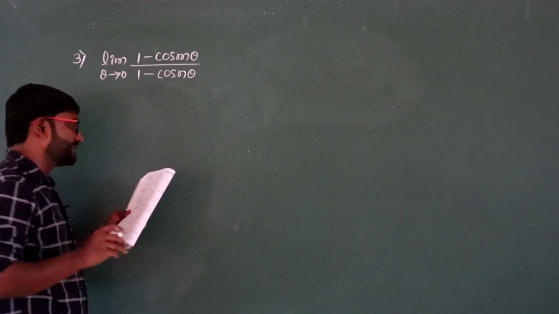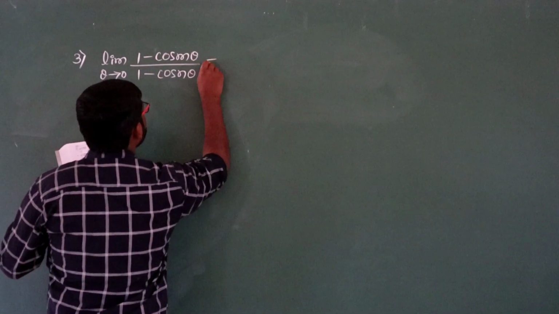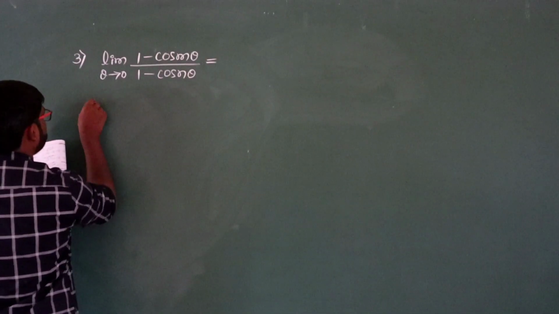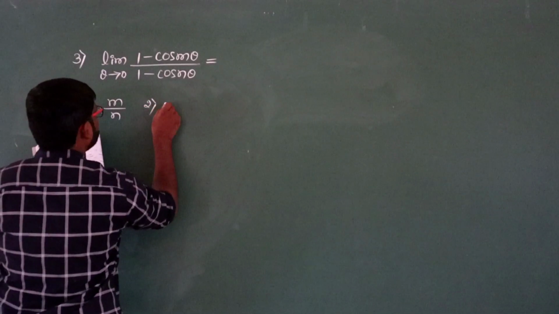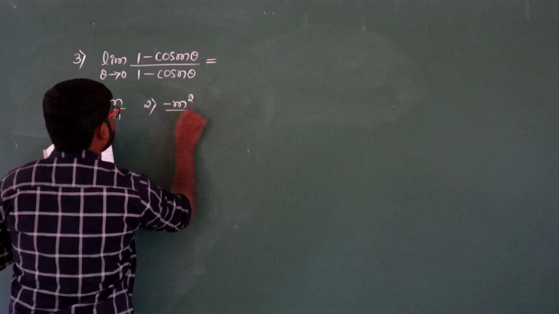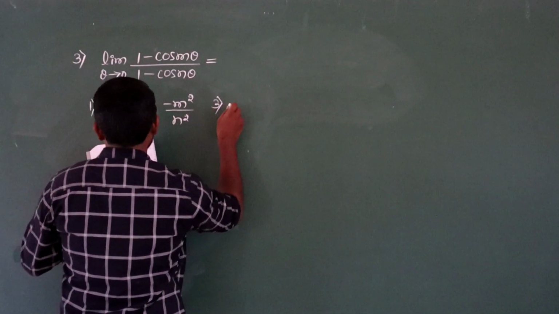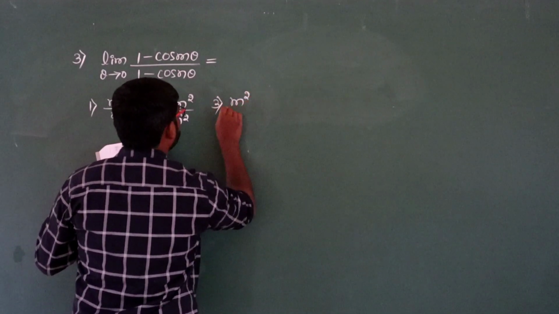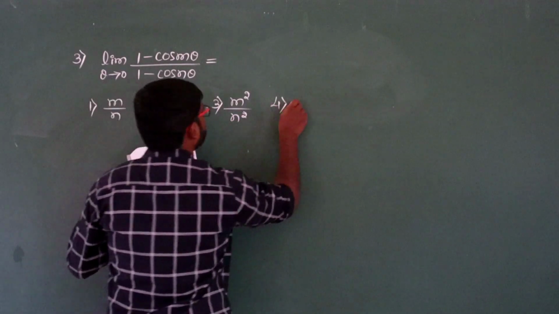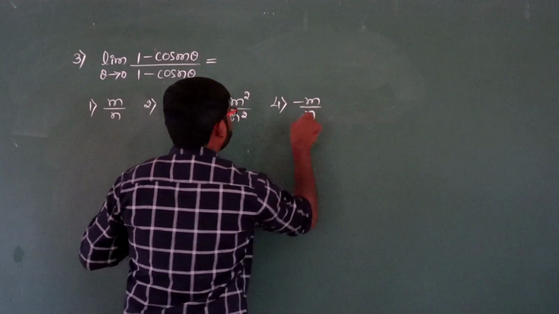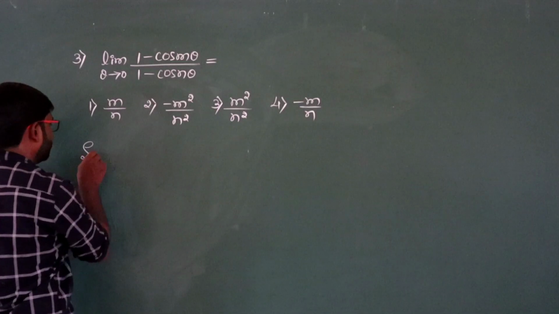This is equal to, and the four options are: option 1, m by n; option 2, minus m square by n square; option 3, m square by n square; option 4, minus m by n. So let us solve the given limit.